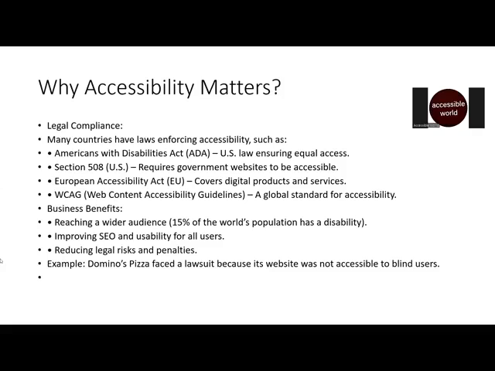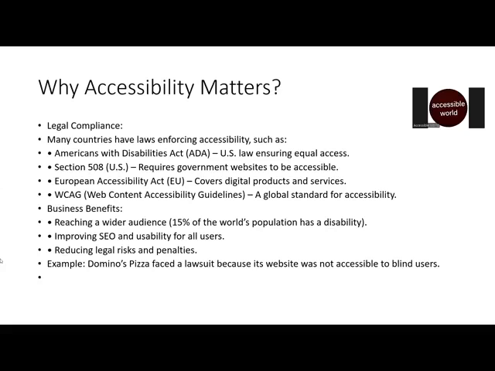As per the act, digital products need to be accessible, with equal access provided, meaning they should be accessible for all persons with and without disabilities. As per Section 508, government websites need to be accessible. Many countries have their own laws, and as per the law the website needs to be accessible.